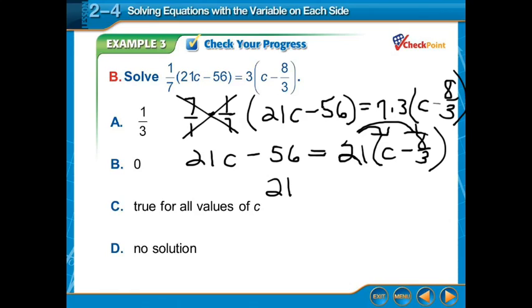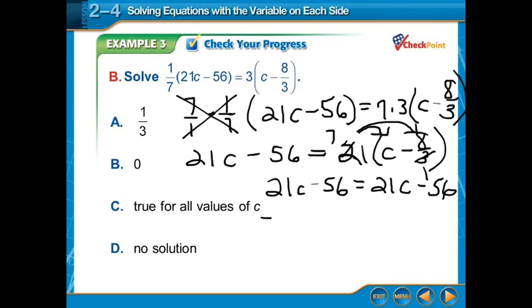I'll get 21c minus 56 equals 21c, and I can simplify this and still get negative 56. Okay, that's an identity equation.